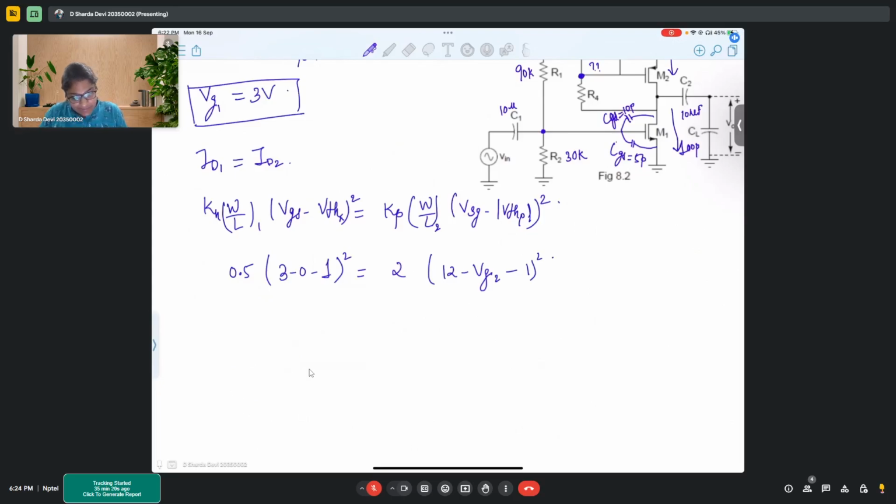So this is 4 equal to 4 times (11 minus VG2) whole square.